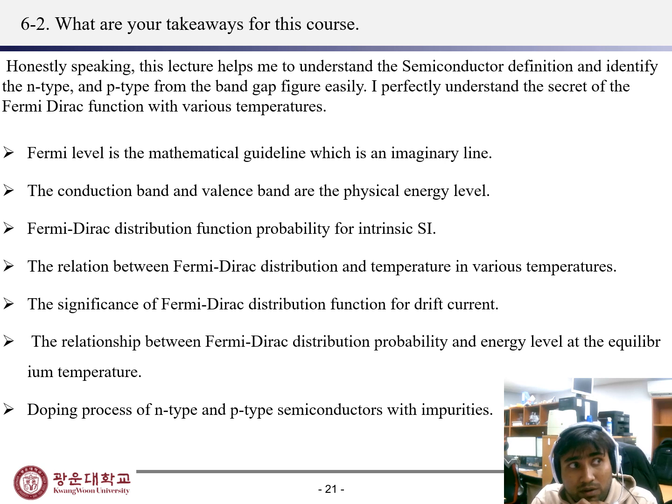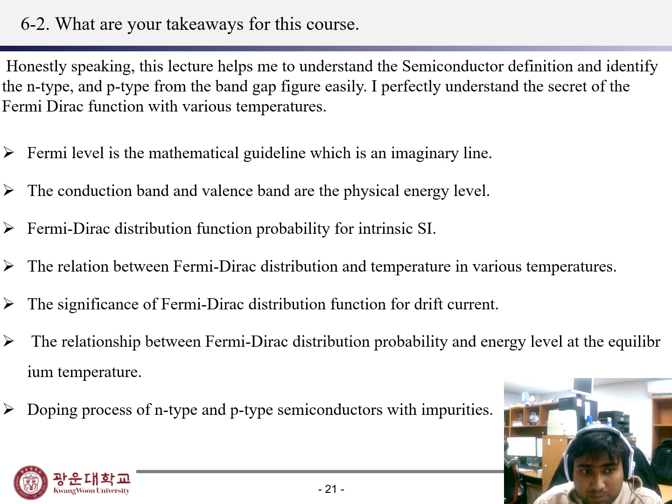I also learned the Fermi-Dirac distribution function probability for intrinsic and extrinsic semiconductors. I also learned the relation between the Fermi distribution and temperature, and between the Fermi distribution probability and energy level at equilibrium temperature.